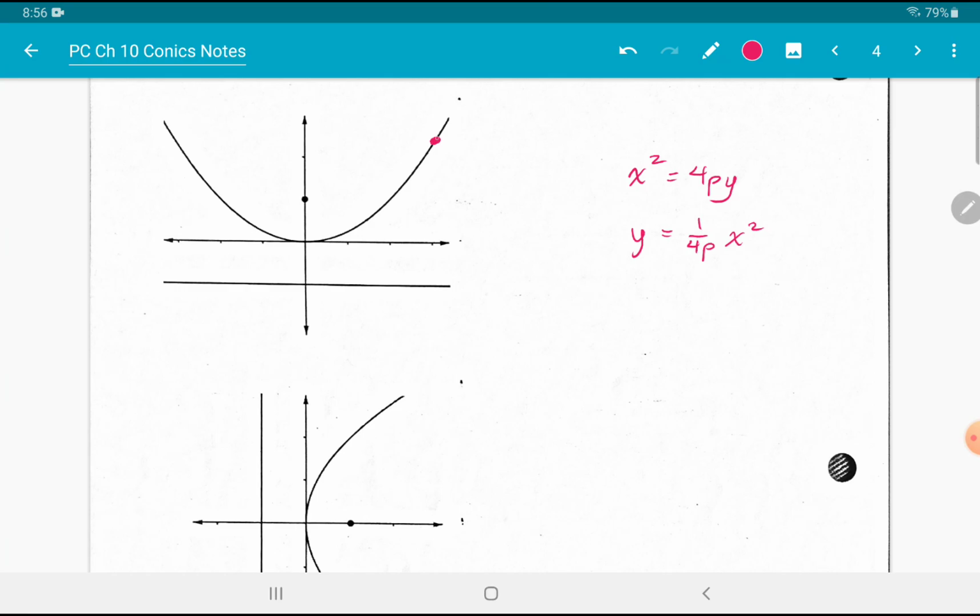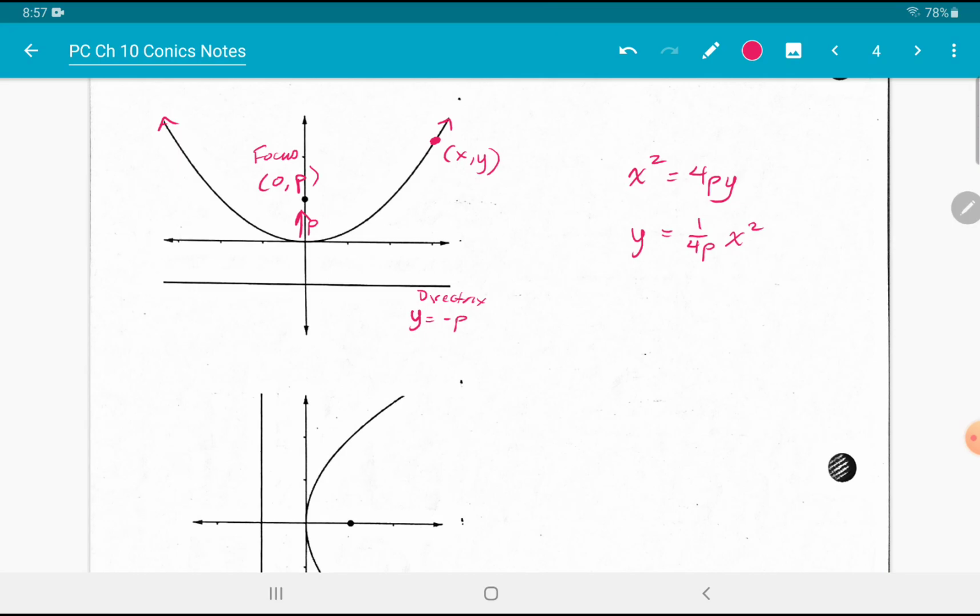Remember, for any point (x, y) along the parabola, the p-value gives you the focus, which is at the point (0, p), and the directrix is the horizontal line y equals negative p.